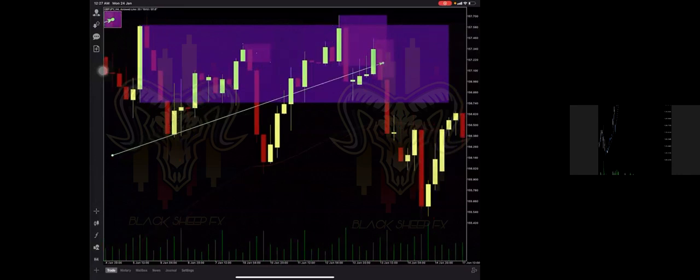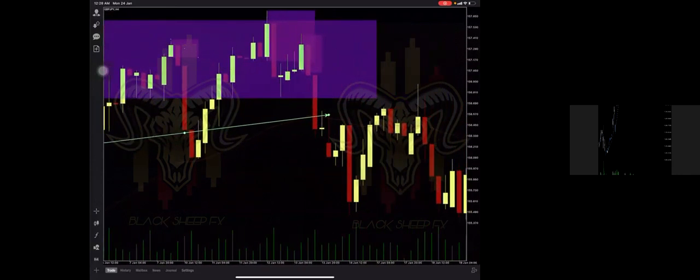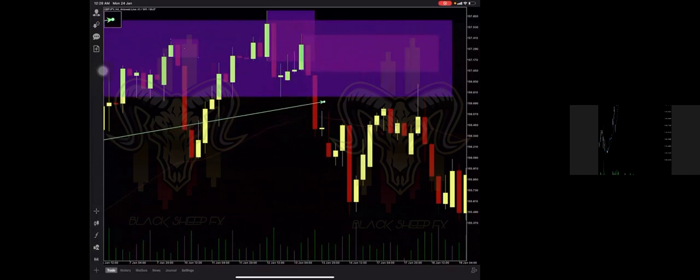But this engulfing sell was the nice one because it broke the box, meaning sellers came out really strong. So then in the future, after the breakout has happened, price came back in, poke and go.